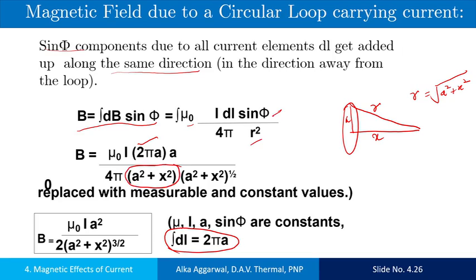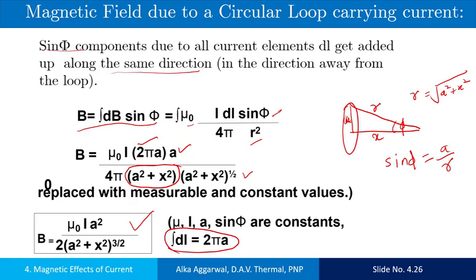Sin phi is perpendicular upon hypotenuse, so sin phi is a upon a square plus x square to the power half. Now solving this, we will get this expression.